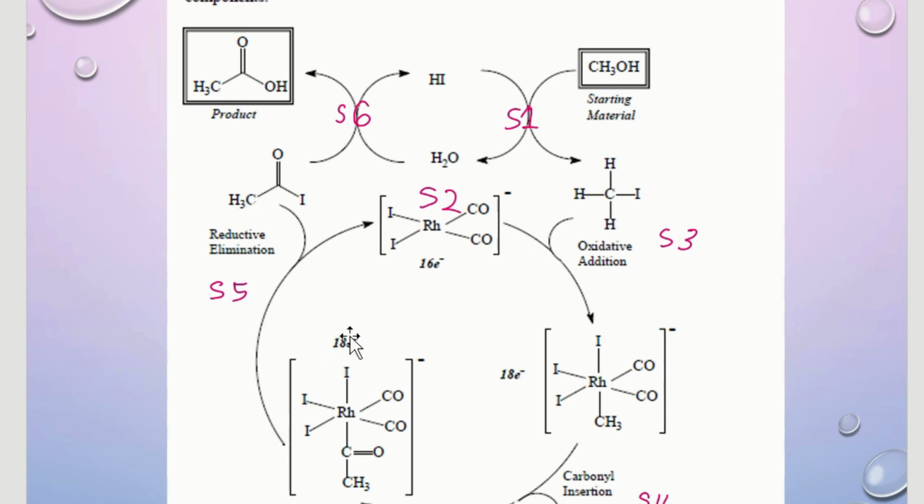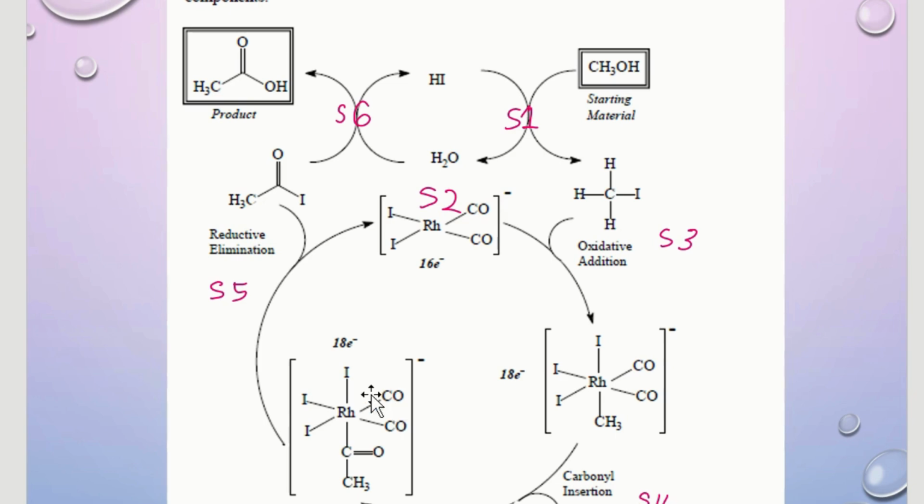Before and after we have the same number of electrons. Actually, the carbonyl insertion does not bring a new CO attached to our metal. The CO comes from a CO previously bonded to the metal, and it inserts, so we get this new species.